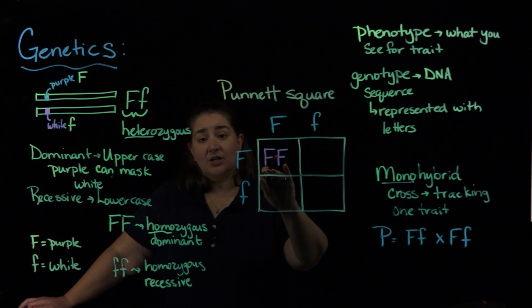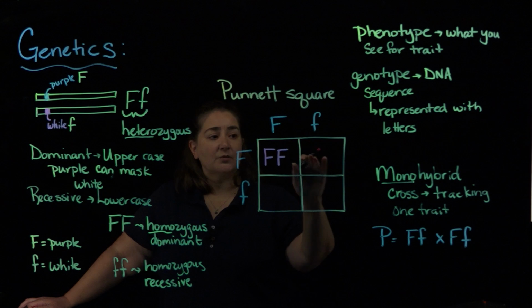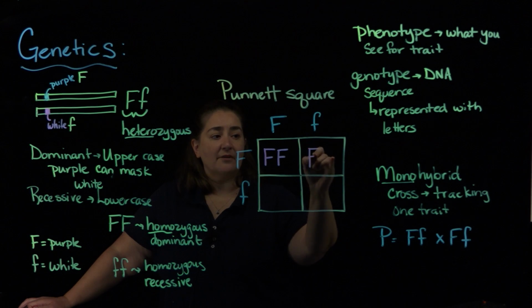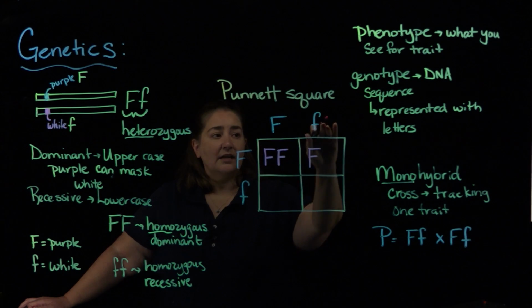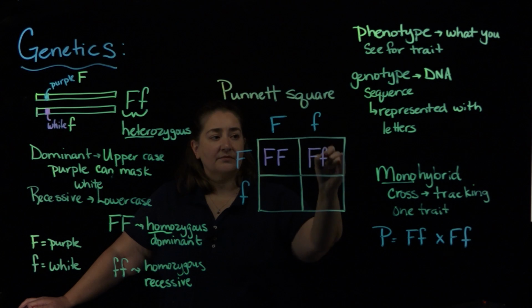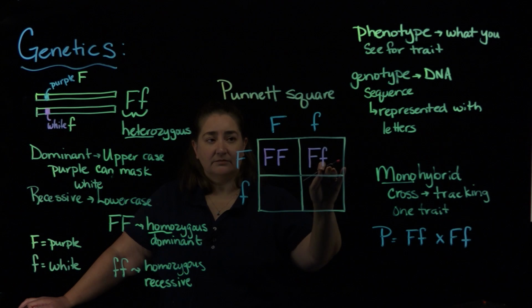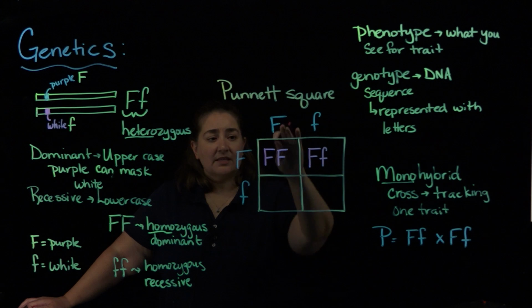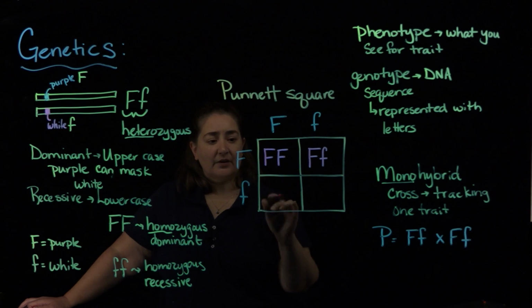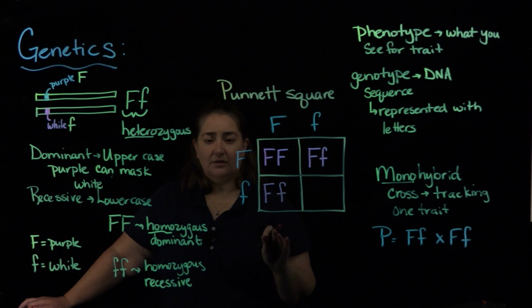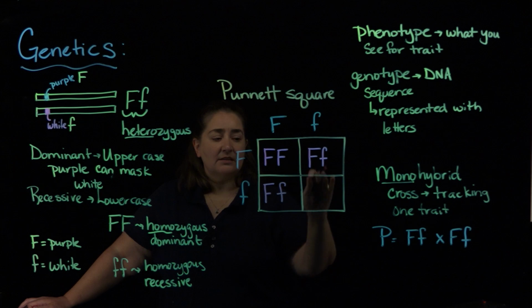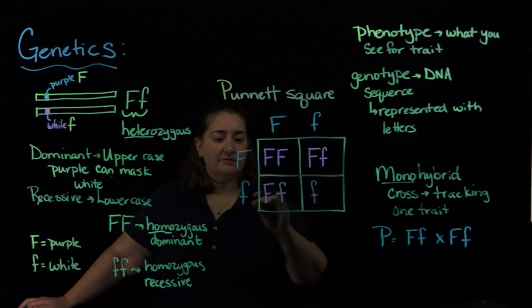So that's one genetic combination that can come out of this. If we go across, we still would put in the capital F from over here and our lowercase f from up here, all right? This one, same thing. We follow it down. We've got a capital F, so we could put a capital F in this box, lowercase f, lowercase f. This one, lowercase f, okay?